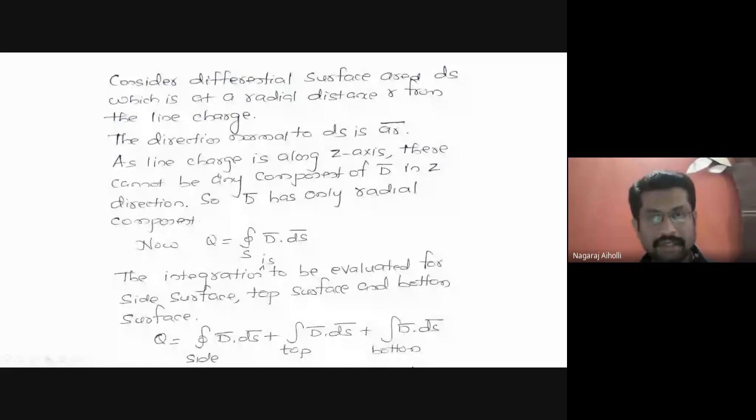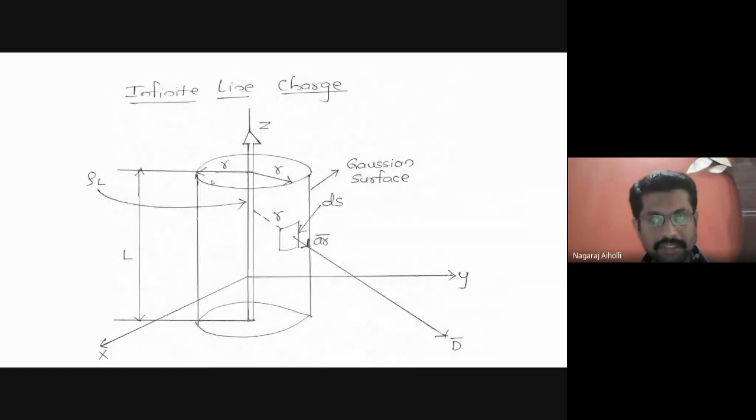As the line charge is along the z axis, there cannot be any component of D in the z direction. If you consider any charge on the plus z axis, there will be equal and opposite charge on the minus z axis.